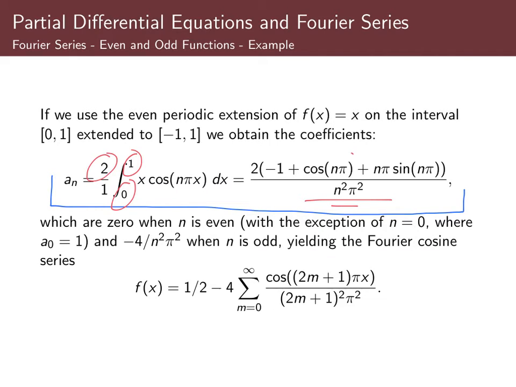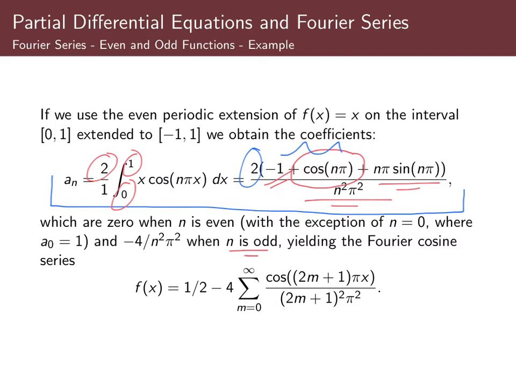Because this term is going to be 1 when n is even, canceling with this -1, and these are all going to be 0 because sine of multiples of pi are all 0, and it's going to be -4 over n squared pi squared when n is odd, because this term is going to make a -2 times this 2, so that'll be -4, and then over n squared pi squared.